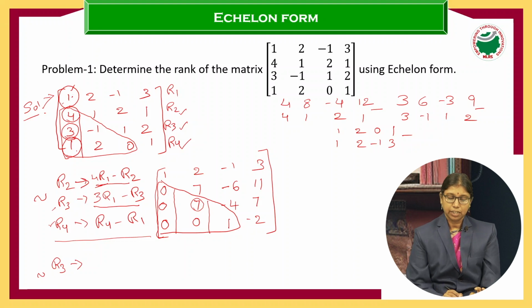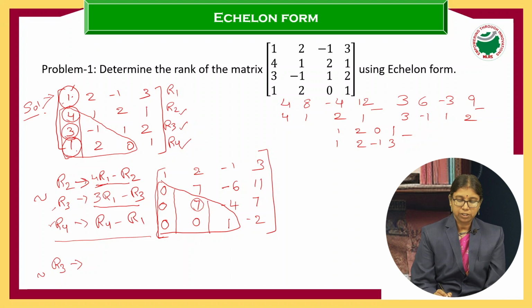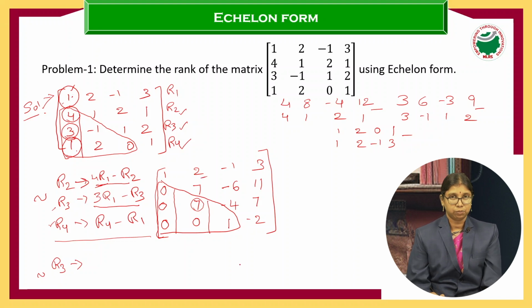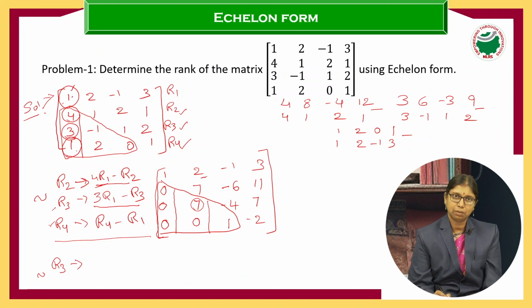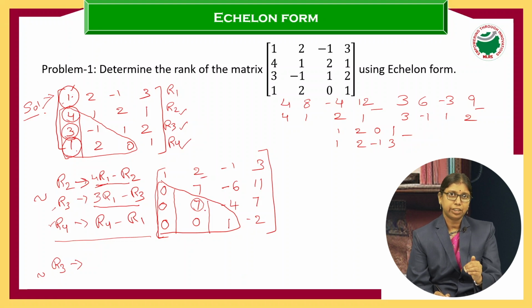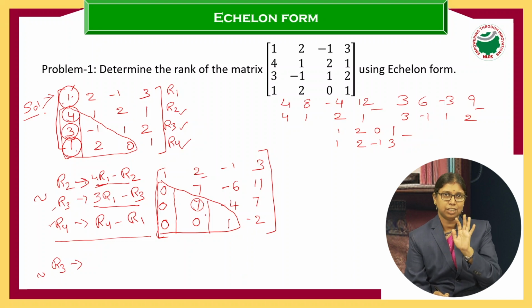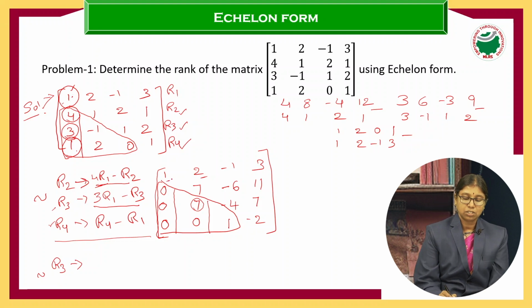But see, to change R3, if we use R1, the corresponding value in R1 is 2. There is no common multiple. You can do cross multiplication and convert the value to 0. That means here you can multiply with 7, you will get 14, and here multiply with 2, you will get 14. 14 minus 14, you will get 0. But when you are doing the row operation, here I have a non-zero value.